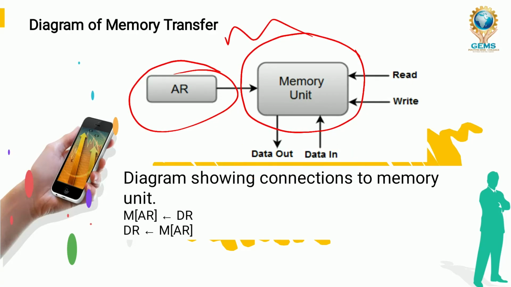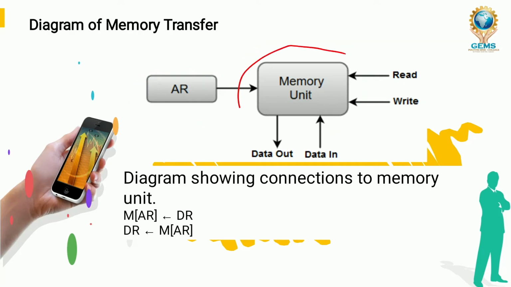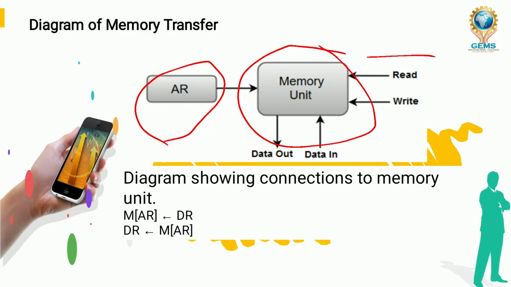What are we able to see here? We are able to see the memory device, which is called the memory unit, the AR register, the address register, and the read operation and write operation. When the read operation is done, data will go out.